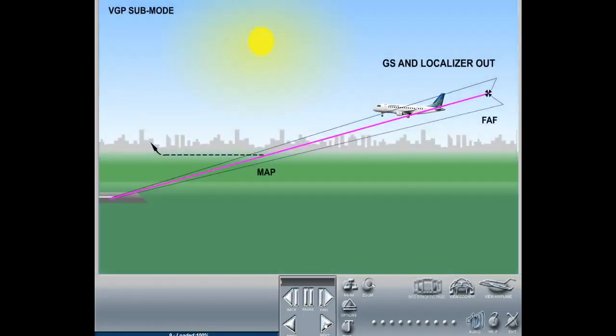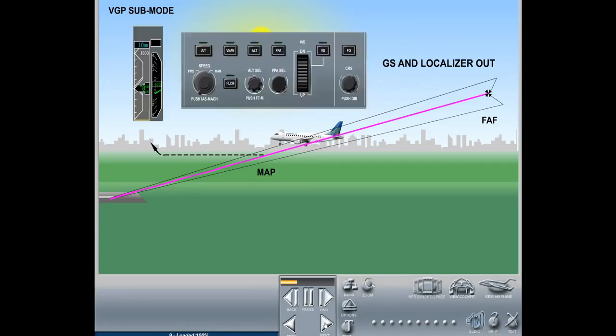The VNAV Glide Path VGP mode is an FMS-based non-precision approach mode created for commonality with ILS approaches. In this mode, the FMS flies a constant glide path approach from the final approach fix, FAF, to the missed approach point, MAP, regardless of the alt selector altitude, which may be set to the missed approach altitude.